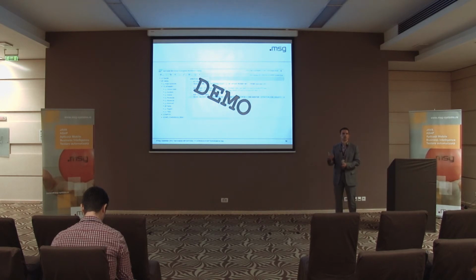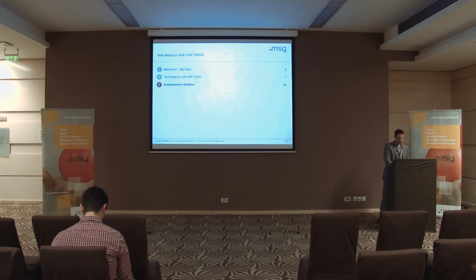You need to adopt all the stuff in order to do a reasonable text analysis within different industries, within different slangs that are used in order to get the information out that you need. And SAP HANA allows you to do that. And there are several options how to do that. And I want to present them to you.